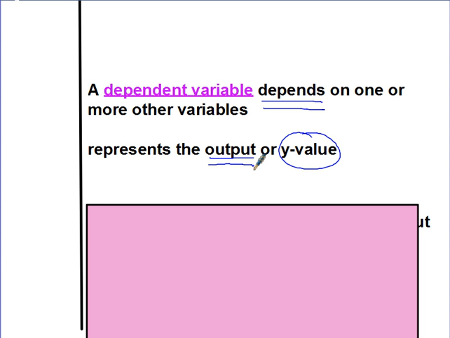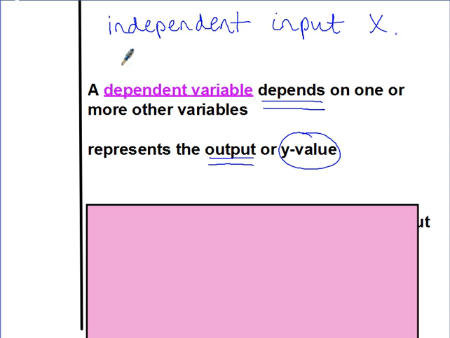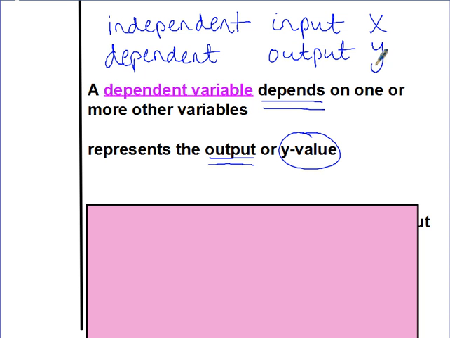So please make sure that you understand that when I use the term independent, I'm also referring to the input or the x value. When I use the term dependent, another name for that is the output or the y value. So you should be able to use these three words here interchangeably.